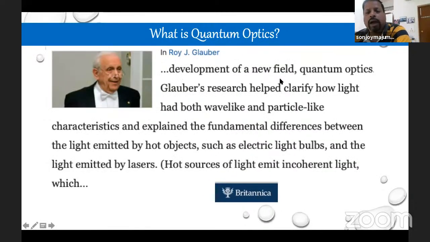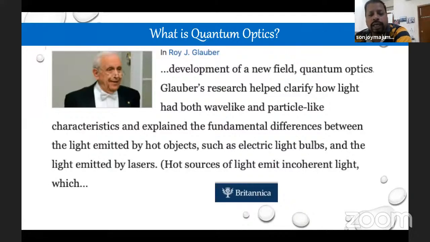So let me tell first one of the features of this topic. American theoretician Roy J. Glauber's research helped this field to clarify how light can behave both wave-like or particle-like.